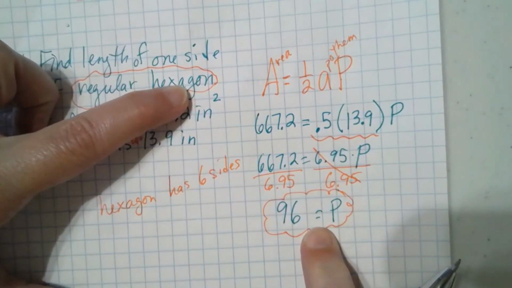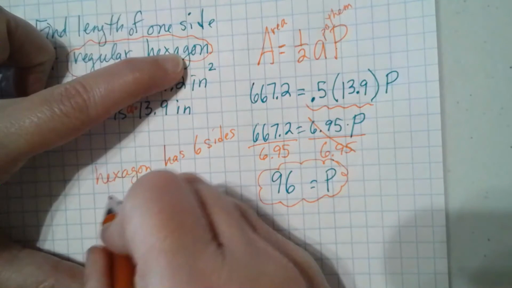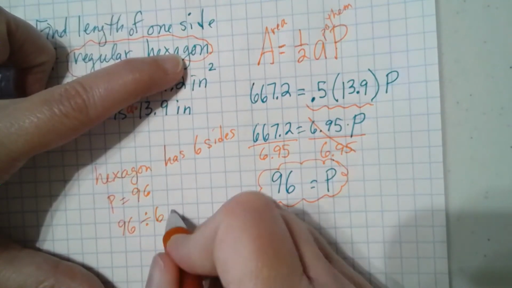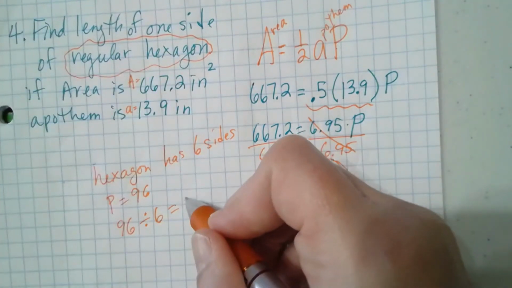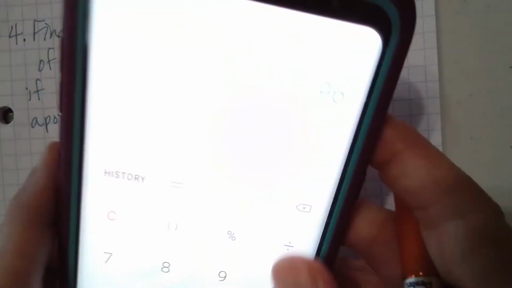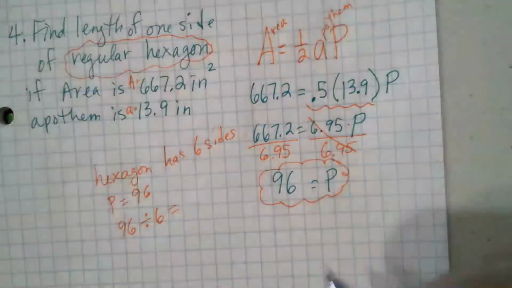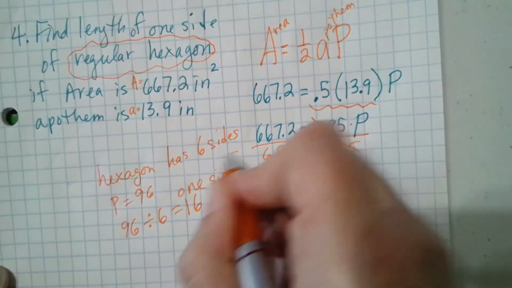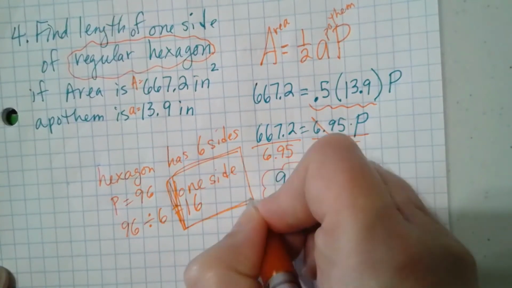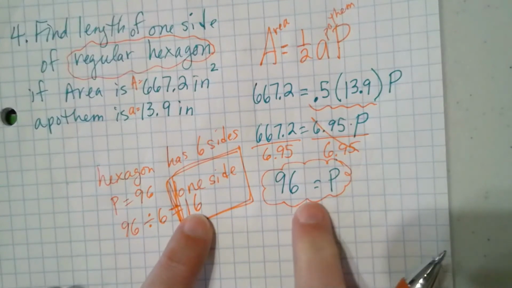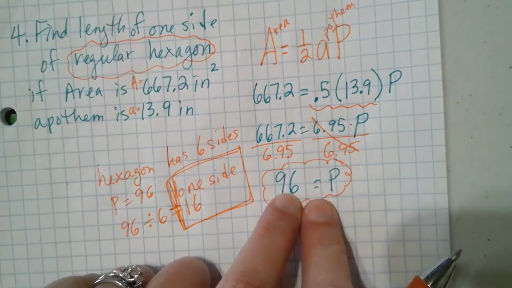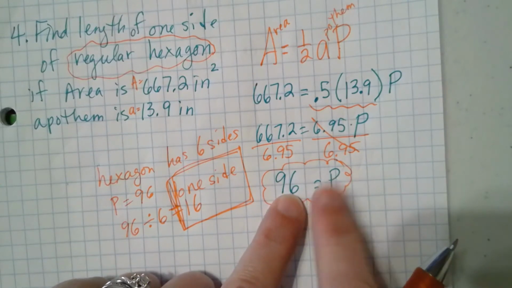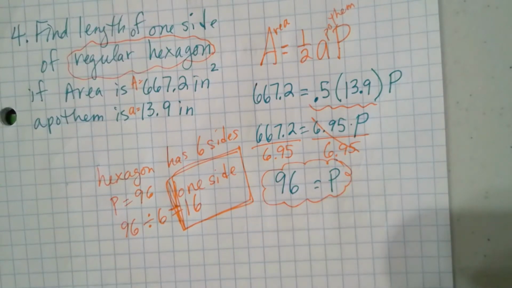So if the whole perimeter all the way around is 96, if we divide 96 by 6, that will give us the one side length. 96 divided by 6 is 16. One side, 16. Be careful when this is a multiple choice question because the perimeter answer is going to be there. The perimeter is not one side. You always have to divide by however many sides you have first for that.